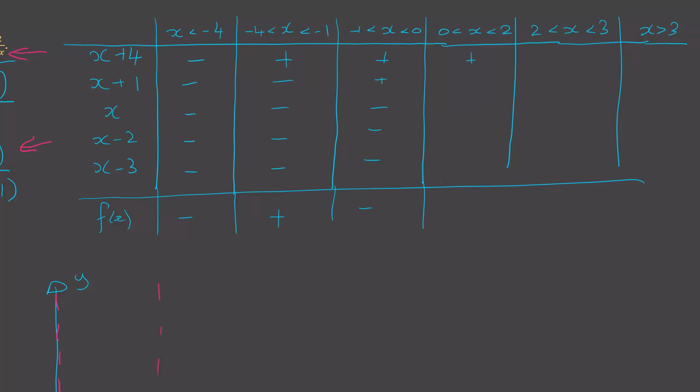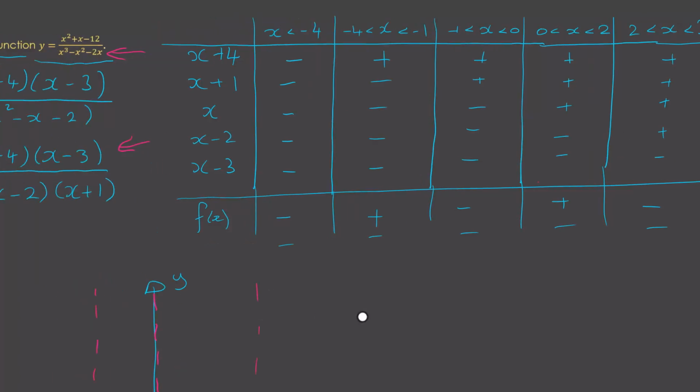Then we've got a positive, and a positive, and 2 negatives, meaning it's positive. Then we're going to have 4 positives and a negative, so overall negative. And then finally, all of them will be positive, meaning it's a positive. And that tells us the regions that the graph is in. And note it alternates negative, positive, negative, positive, negative, positive.